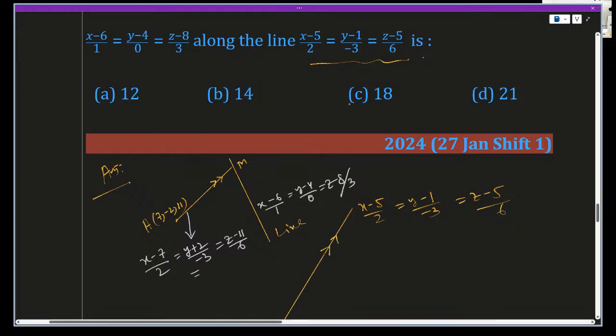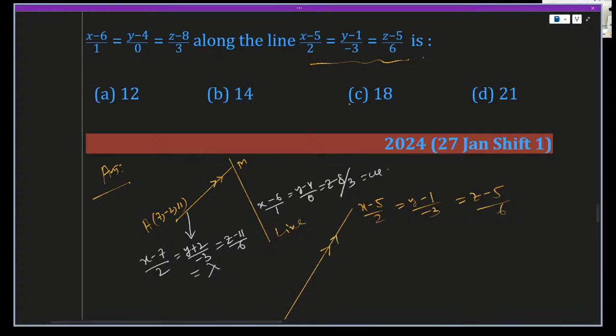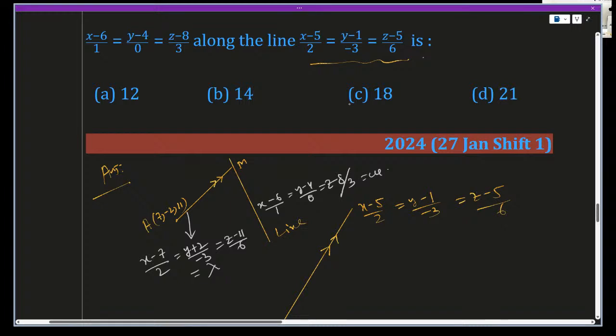You take lambda, the point of intersection you are going to find, and this you take mu. So find the point M in terms of this lambda. What is that? 2 lambda plus 7, 3 lambda minus 2, 6 lambda plus 11. Okay?